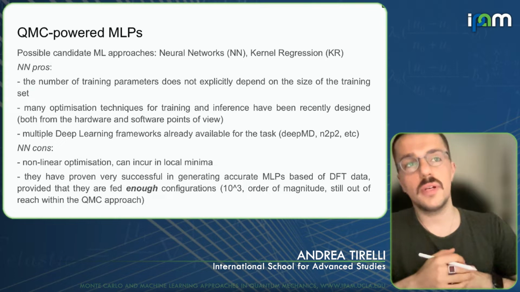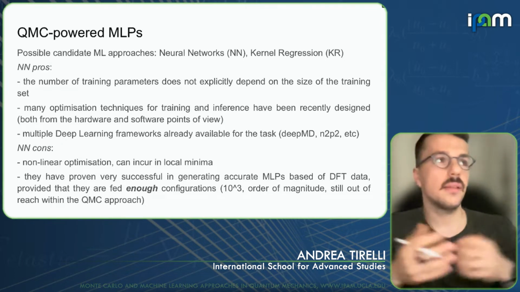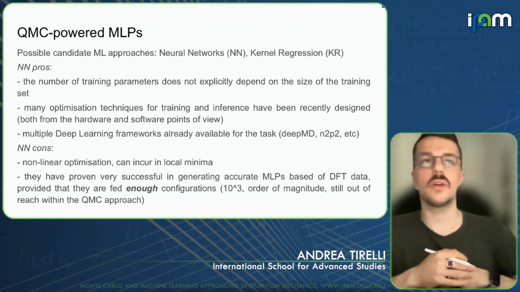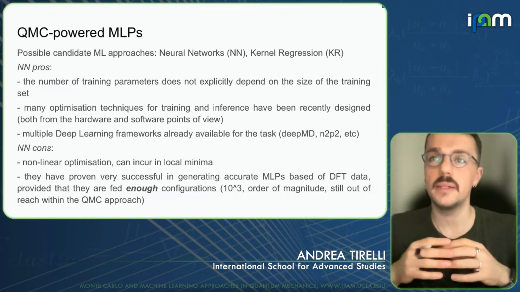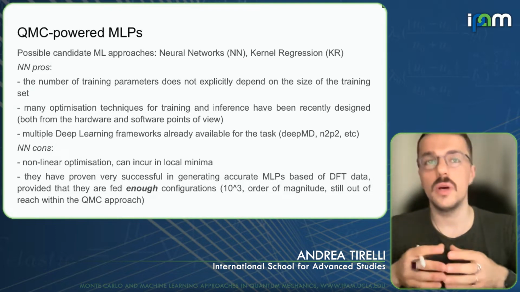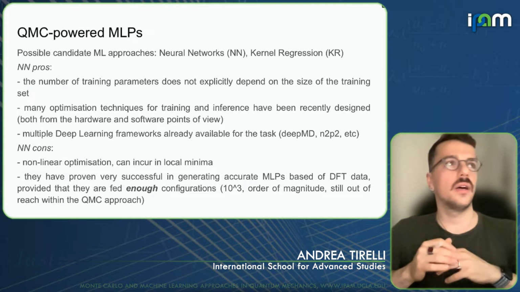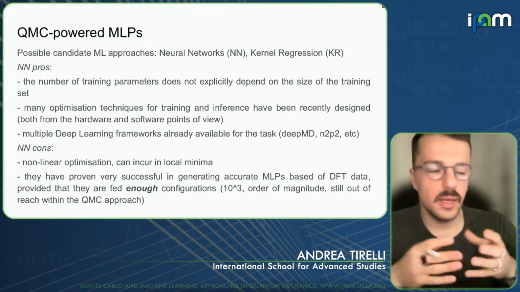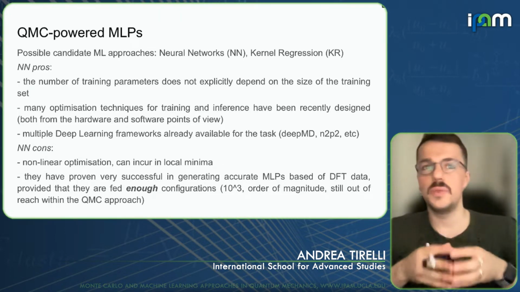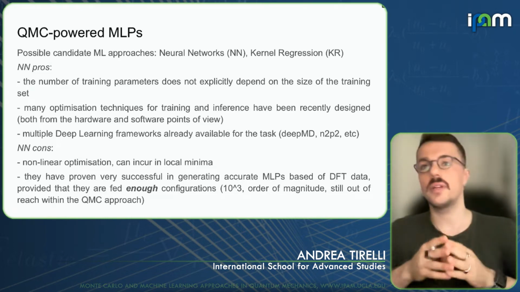The nice thing about neural networks is that the number of weights that describes the neural network does not explicitly depend on the size of the training set on which we want to train the model. Of course, the performance is going to depend on the size of the training set, but the explicit number of parameters is not.